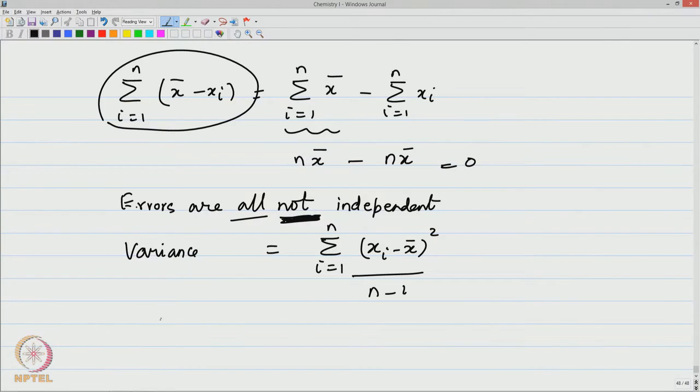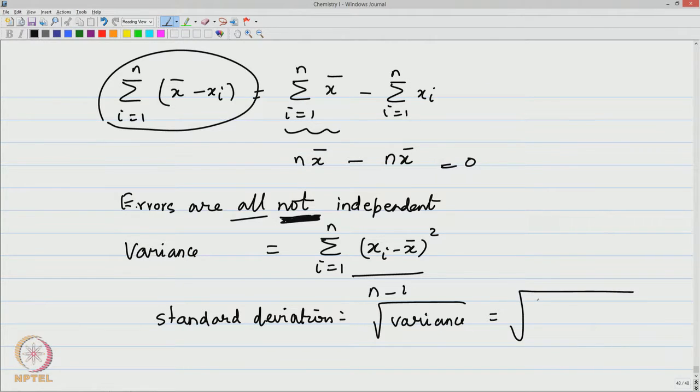Therefore, there is n minus 1, and the standard deviation is the square root of variance. So you write the formula that it is the square root of sum over i equal to 1 to n of xi minus x bar squared divided by n minus 1.